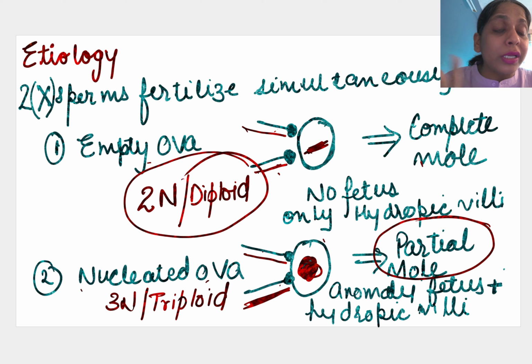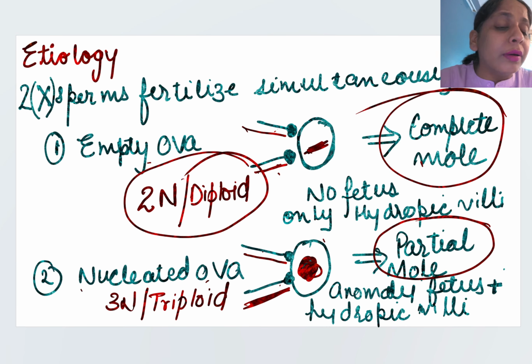When the ovum was empty, with no nucleus, only a complete mole was formed, not a single trace of a fetus. So complete means no fetus, and no fetus means no female mother nucleus. No mother nucleus means only two sperms fertilized that empty ovum, so it is diploid.